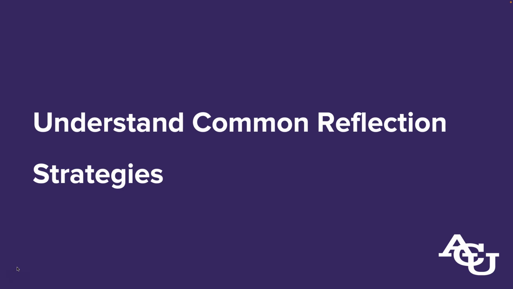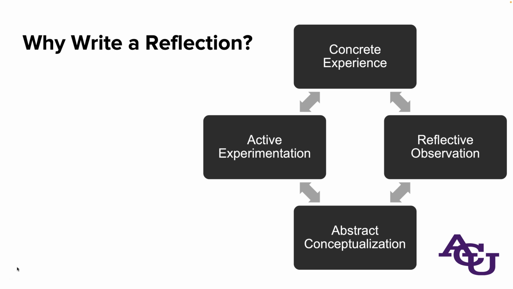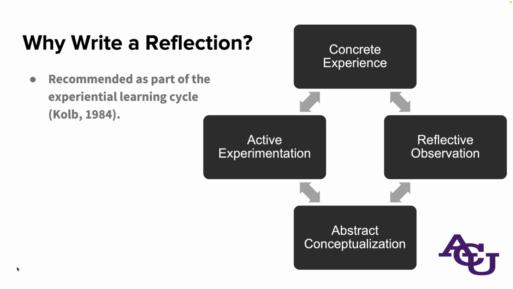So let's talk about reflection. Like, why would you want to write a reflection? And part of this has to do with understanding the cycle of learning. If we looked at the experiential learning cycle proposed by Kolb in 1984, we have this circular thing where you can go back and forth between these phases of concrete experience, active experimentation, abstract conceptualization, and reflective observation.